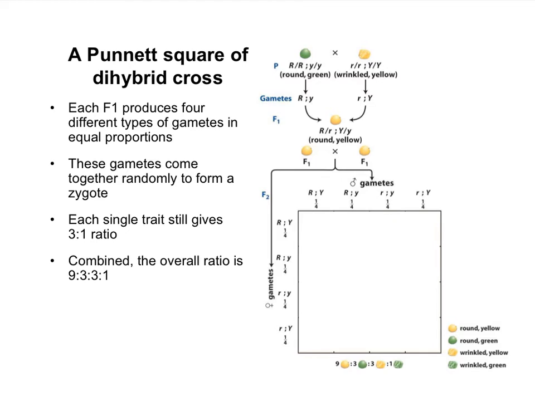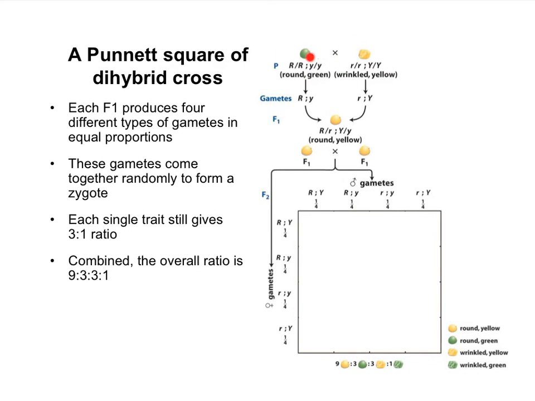This shows you the Punnett Square that you would have to make in order to look at this dihybrid cross. And you know that when you mix these two, big R, little y, little r, big Y, these are not dihybrids, these are homozygous.